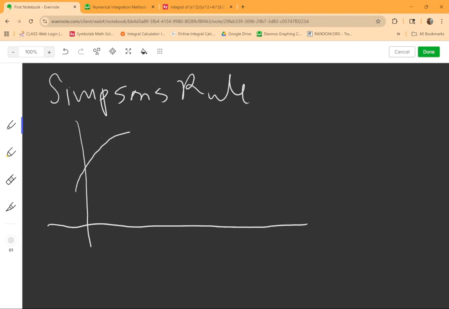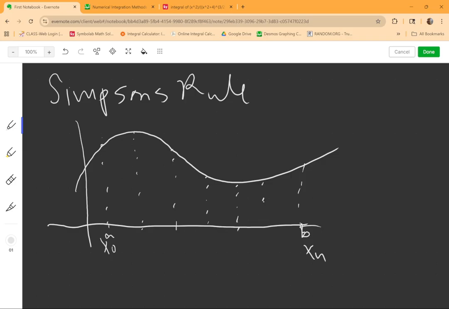So given a curve here, and again we have our usual breakdown of subintervals, where x0 is our initial point, and then b will be our x sub n. And we still have subintervals of length delta x.